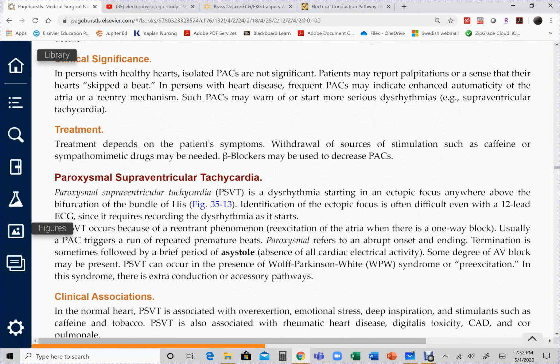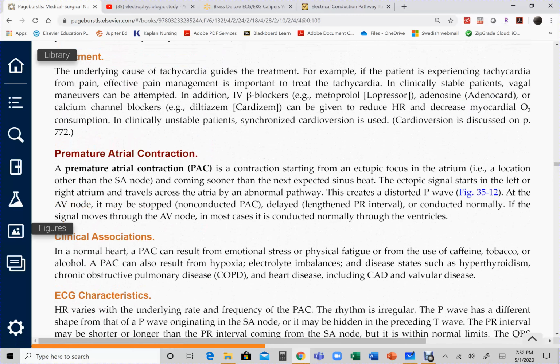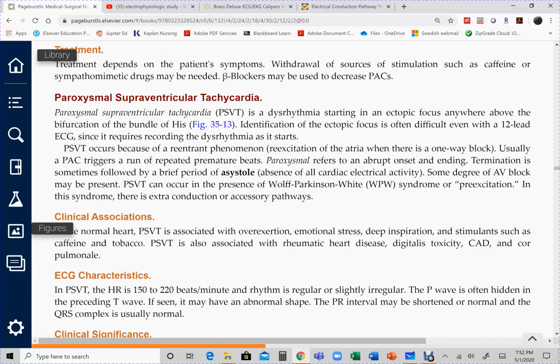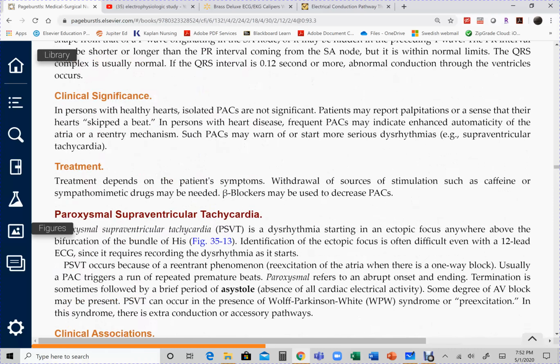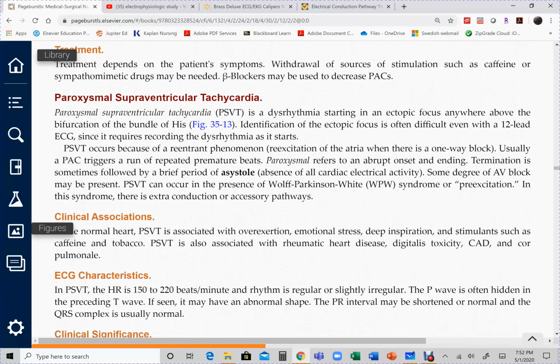Just like PVC. By the way, the textbook starts from atrial dysrhythmias first, and then it goes on to ventricular dysrhythmias. So this is PSVT, and there's no strip, by the way. I looked at it, there's no rhythm strip for PSVT.